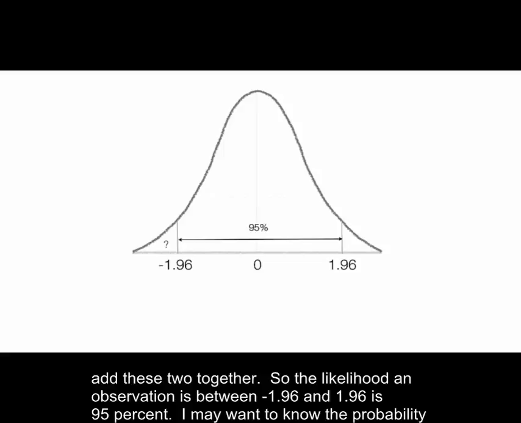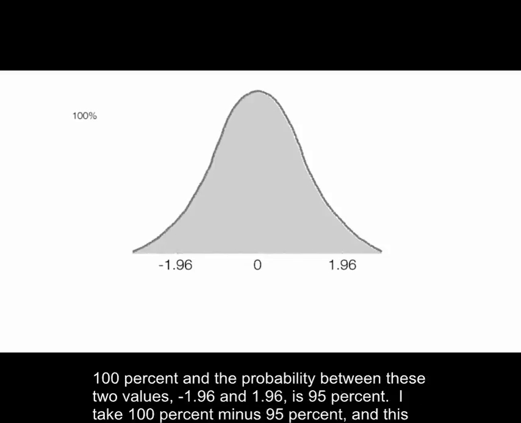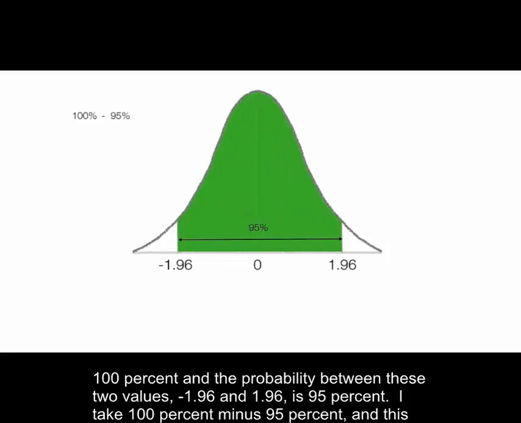I may want to know the probability an observation is less than -1.96 or greater than 1.96. The probability of all observations is, of course, 100%. I take 100%, and the probability between these two values, -1.96 and 1.96, is 95%.